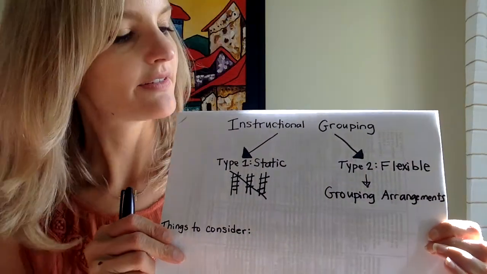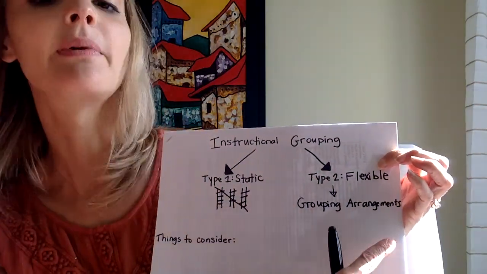Now, within flexible grouping, we have a bunch of different types of grouping arrangements. Okay, so flexible grouping is kind of like the overall term here. And then you have various types of flexible grouping arrangements.